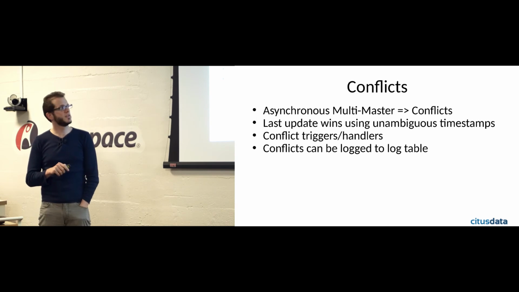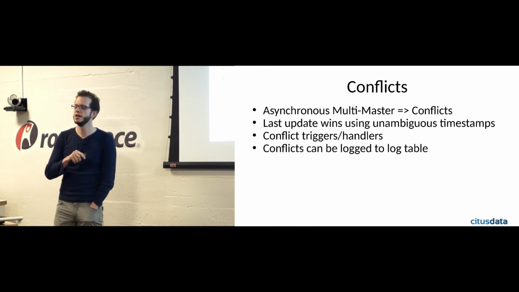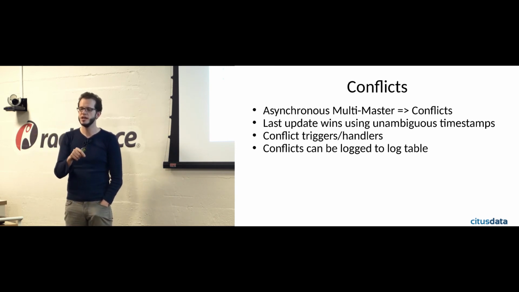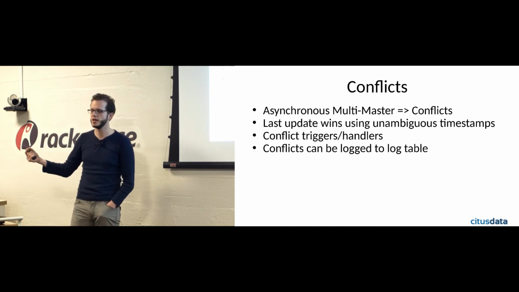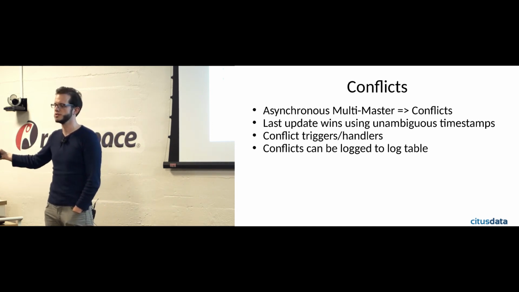It's important to know that the timestamps here are in a way unambiguous, which means that even if you have clock drift between two nodes, they will both decide that the same update wins. It will not be the case that because the clock goes differently, a different version of the row will survive.